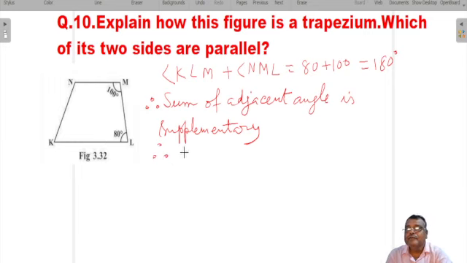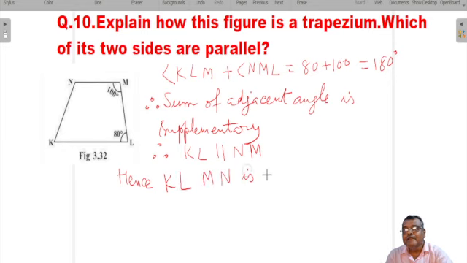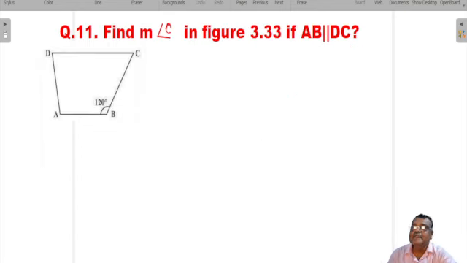Therefore, KL parallel to NM. So this side and this side are parallel. And so KLMN is a parallelogram. This is a parallelogram. Let us see the next one.